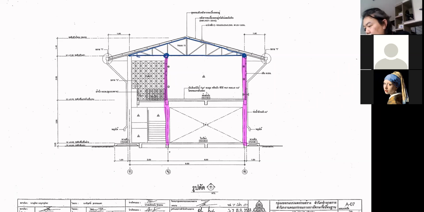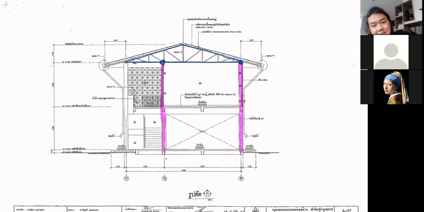Now, the next thing that you need to understand is that when you see the truss like this in the architectural drawings, they are not the ones who design the truss. It's you who design the truss. So you don't have to pay attention to what they have here as the configuration. They just draw them to let you know that you can have a truss here. How the truss is going to look is going to be entirely up to you.